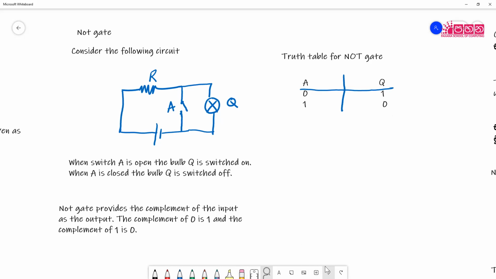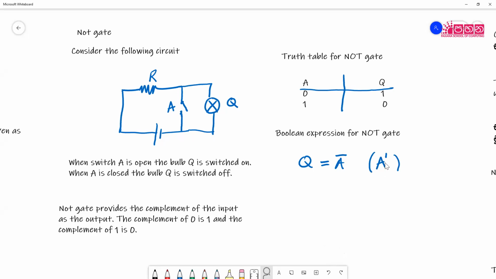The Boolean expression for the NOT gate is that the output Q is always A bar. We put a bar, meaning we draw a line on top of A, which represents the complement of A. There is another way to represent A bar: you can say A dash.